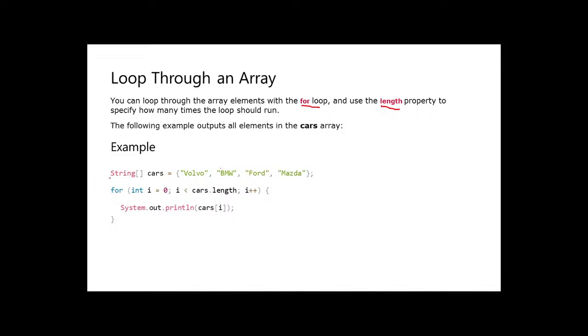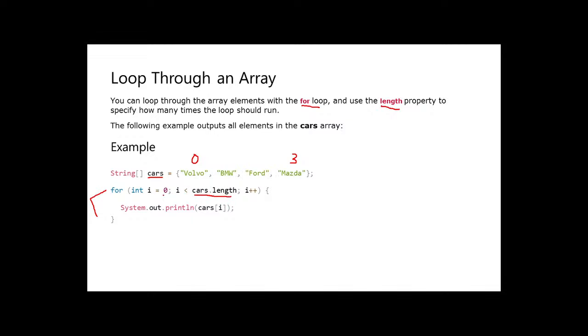So the same, we have the cars array, Volvo, BMW, Ford, and Mazda. And then we have the for loop here. Starts with i equals 0 because we want to access starting from index 0 and we want to end at index 3. So we have here i is less than cars.length. So cars.length is 4 and less than that is 3.